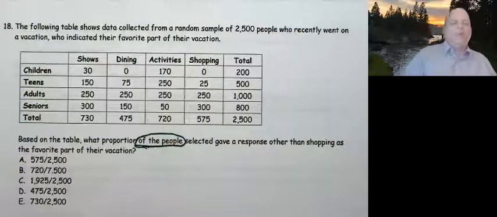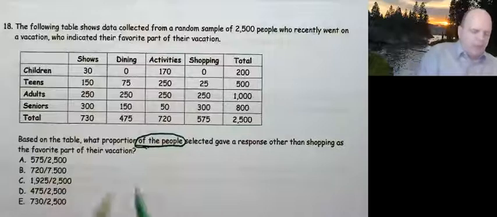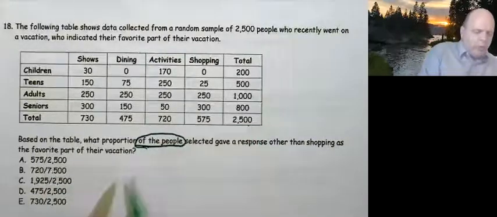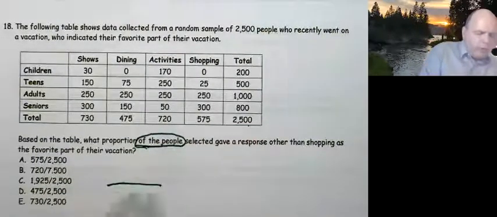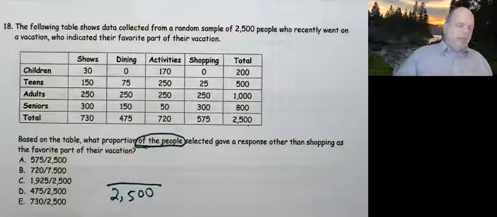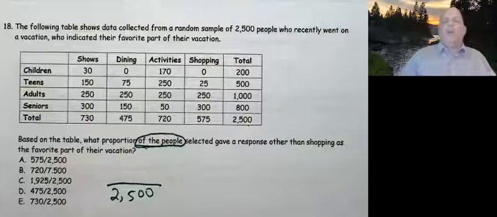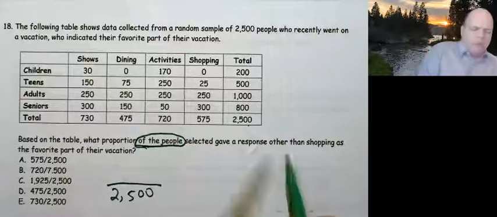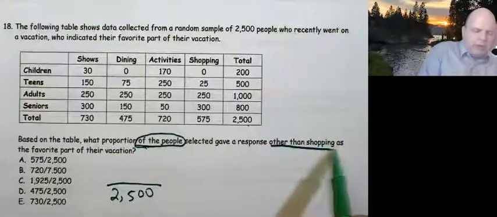So we know that we're dealing with the entire population here. So this means that we're working with a table total. So we're working with 2,500 because if they said of the teens, then we have to look at the teen row, or of adults. But they didn't say that. They said of the people, so it's out of everybody.